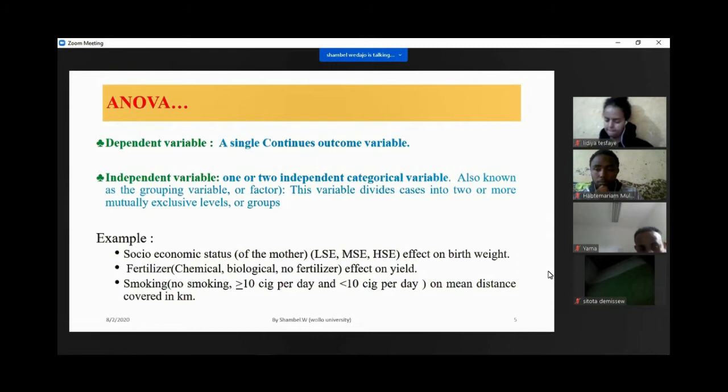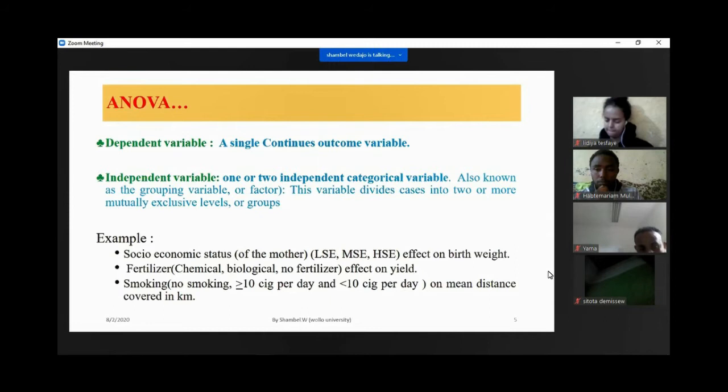For example, let us take the socioeconomic status of the mothers. Socioeconomic status of the mothers does have an effect on birth weight. So the outcome variable here is the infant birth weight.